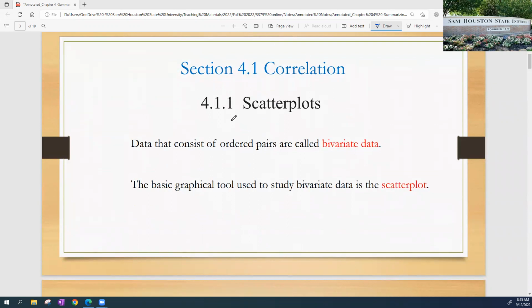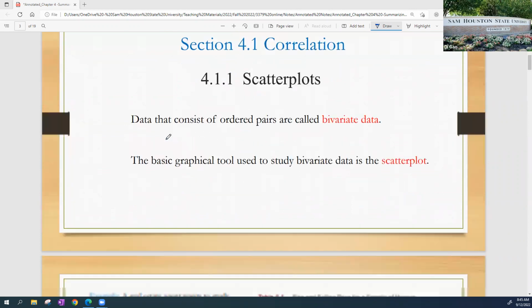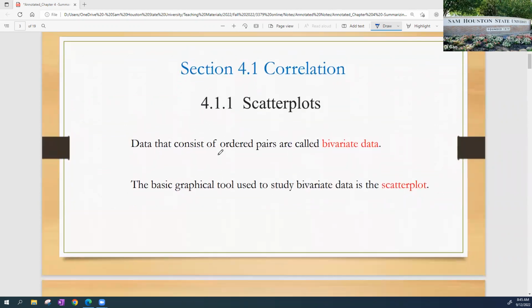The first part, 4.1.1, scatter plots. Data that consists of ordered pairs are called bivariate data. Let's look at an example for the bivariate data. For example, we have weight in pounds, and then we have height in feet.